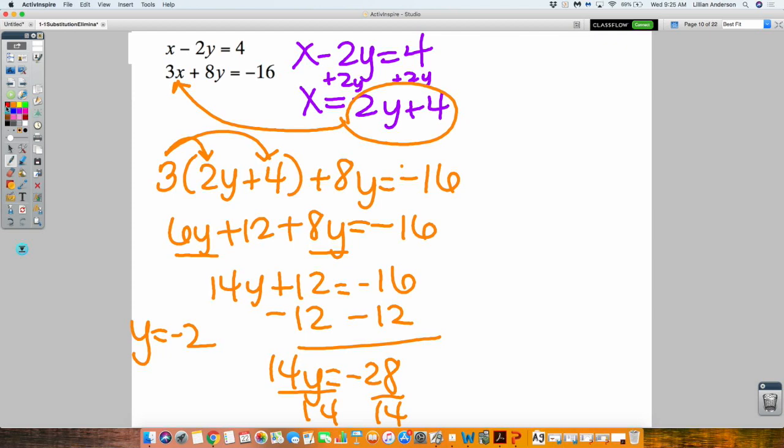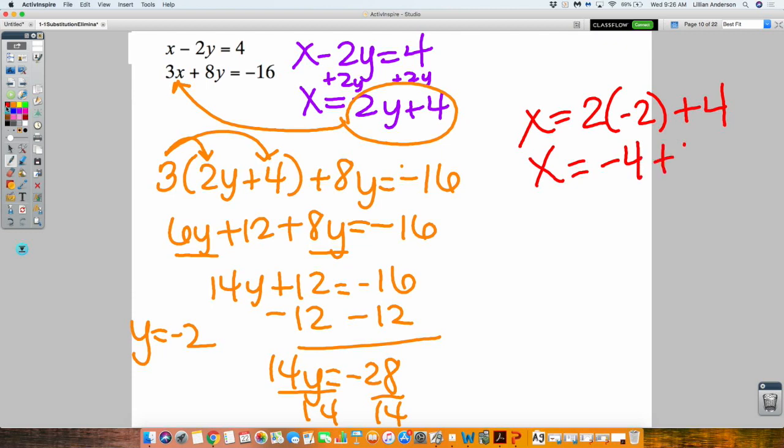So, x equals 2 times negative 2 plus 4. 2 times negative 2 is negative 4. And negative 4 plus 4 is 0. So your final answer is 0, negative 2.